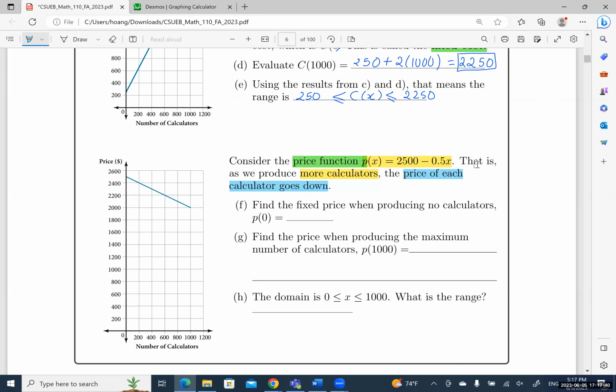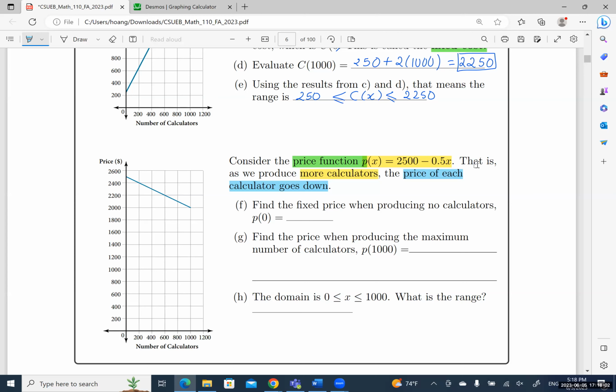So we're going to find the fixed price when producing no calculators first, as you also know that the minimum of x is 0.